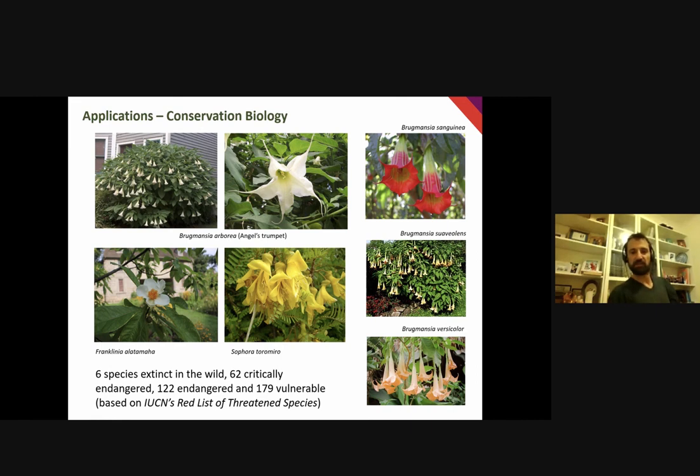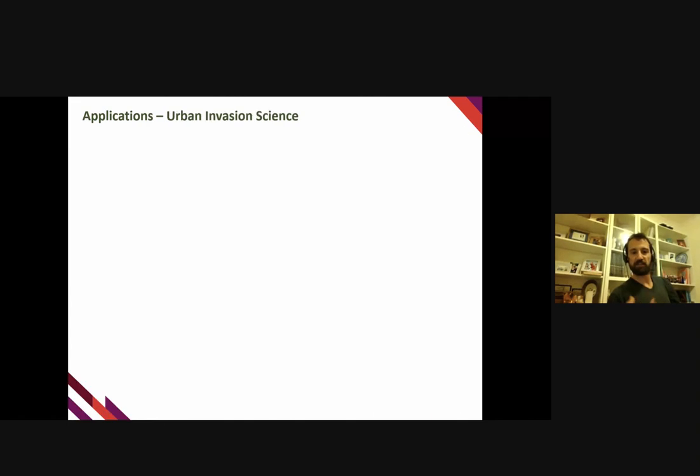So we can think about how to use people's gardens, for example, for a positive outcome, which is to preserve biological diversity overall.